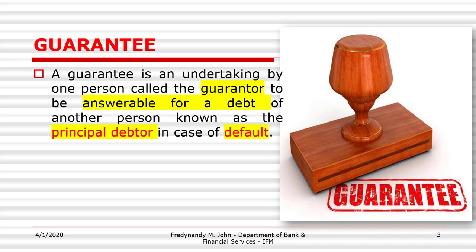So a guarantor is someone else who comes to pledge or to place a secondary security over the primary security that was pledged or deposited by the principal debtor who served as the borrower. That is to say, if for some reason a banker or a lender is not satisfied with the primary security that was placed to serve as collateral by the principal debtor, then the banker has a right to ask for a secondary security.